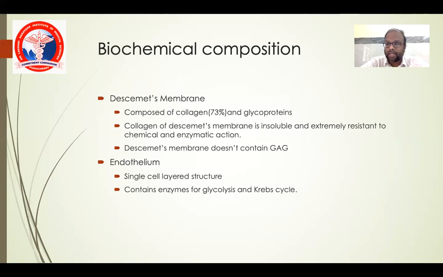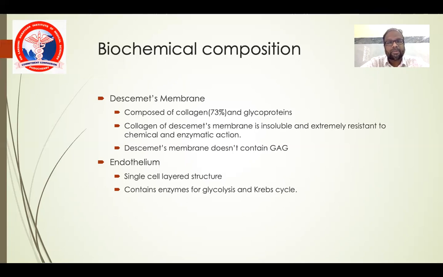As we already said, in case of bacterial ulcers and fungal ulcers, even when the entire epithelium and stroma is eaten away, because the Descemet membrane is tough, the bacterial, fungal or viral toxins do not destroy the Descemet membrane.